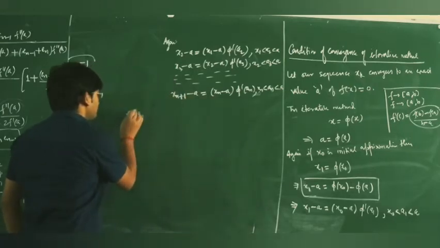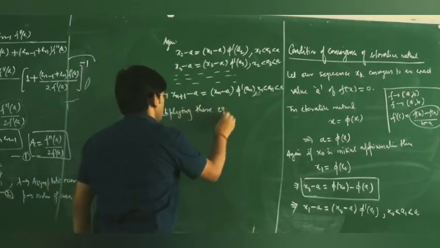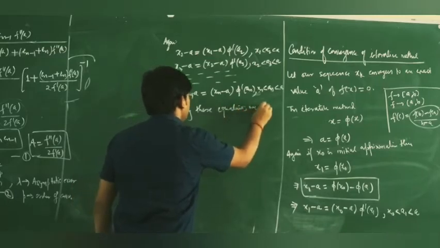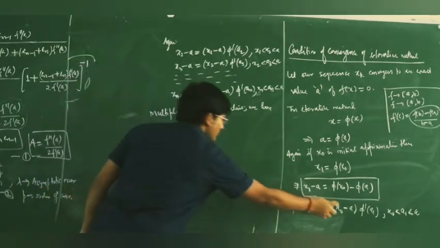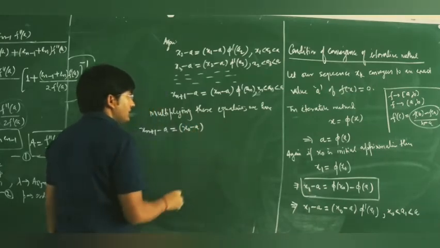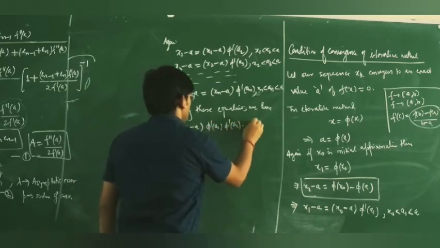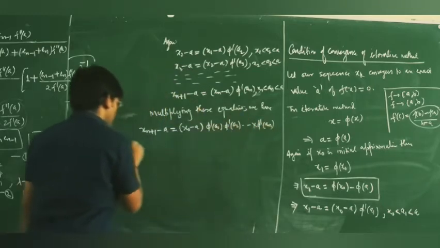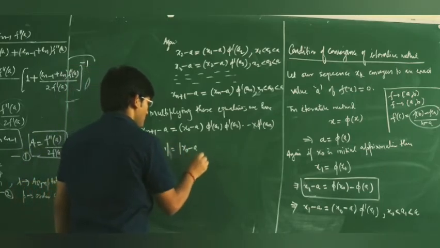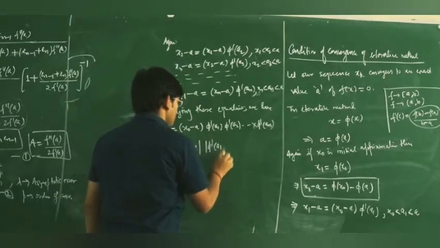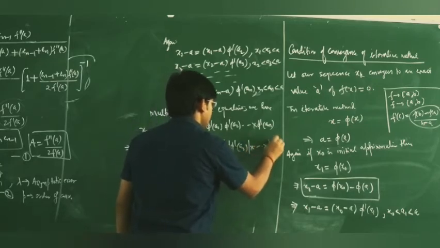So we have x(n+1) minus a equal to x naught minus a into the product phi dash a1, phi dash a2, up to phi dash an. Let us take its modulus.